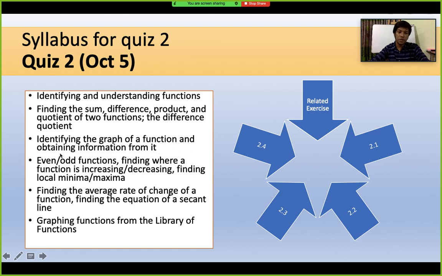Identifying the graph of a function and obtaining information from it, so how to identify from the graph which one is a function and which one is not. Then even function, odd function, the y-axis reflection, then origin symmetry.